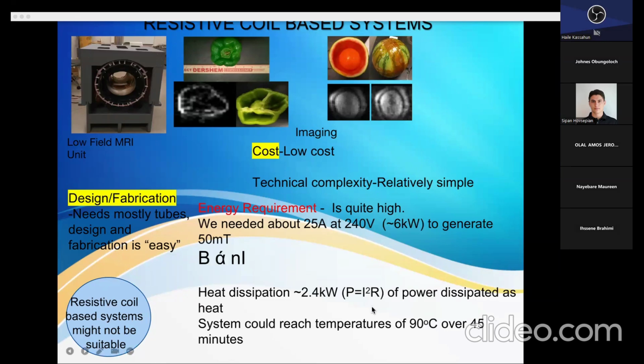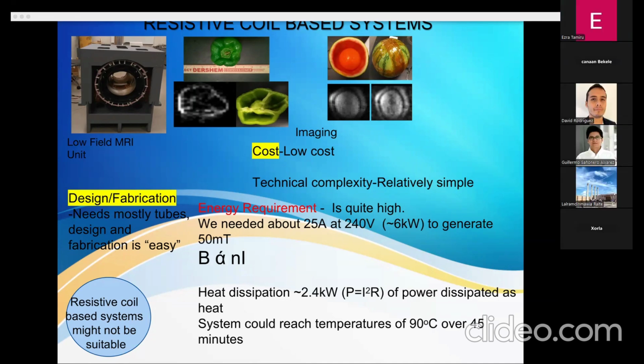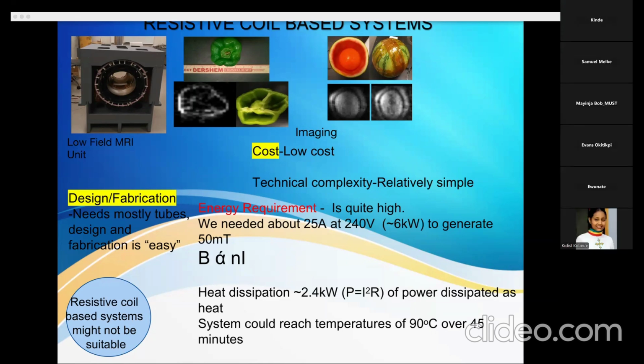And if we run the system for about 45 minutes, the temperature inside the coils would reach about 90 degrees Celsius. So we are almost reaching the boiling point of water. So you could probably not put anybody inside that thing.